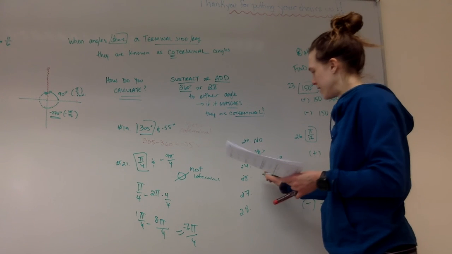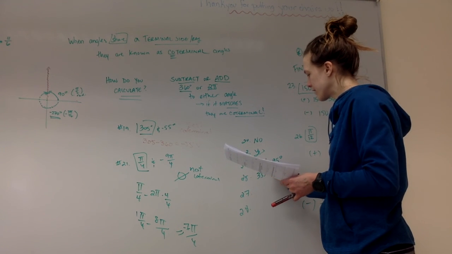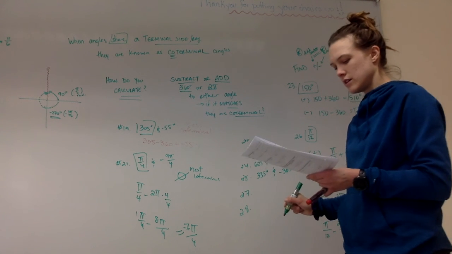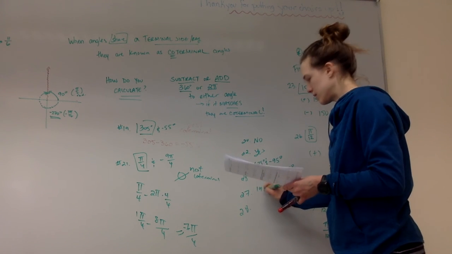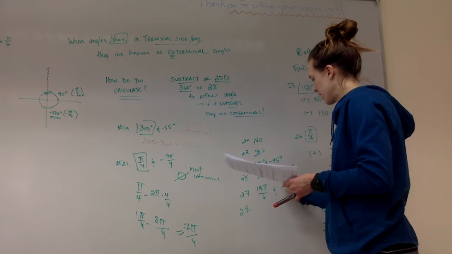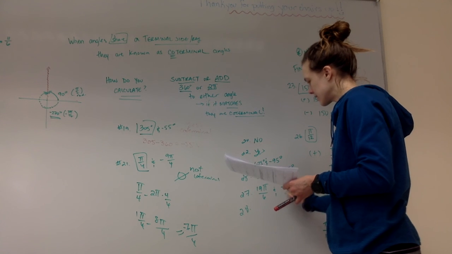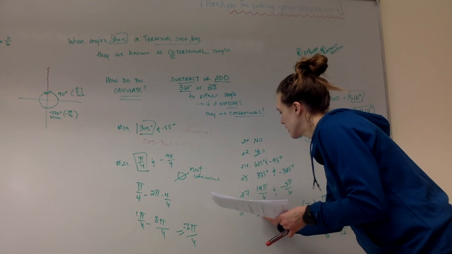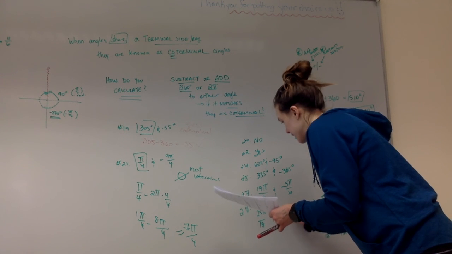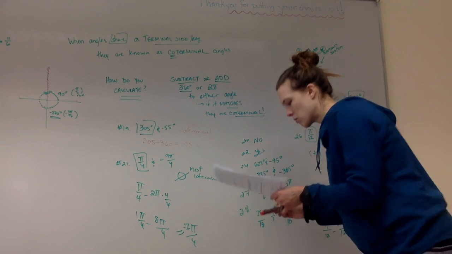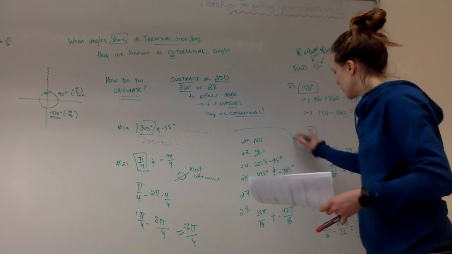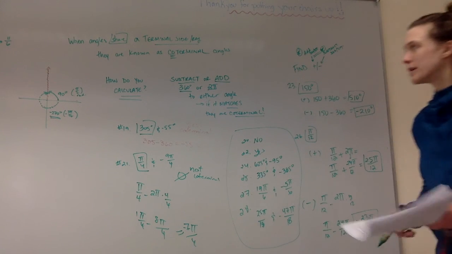Number 25 is positive 335 degrees and negative 385 degrees. 27 is 19 pi over 6 and negative 5 pi over 6. And 28 is 25 pi over 18 and negative 47 pi over 18. That one is more challenging, using the higher number denominator. So these are your answers to all the questions that we did not go over.